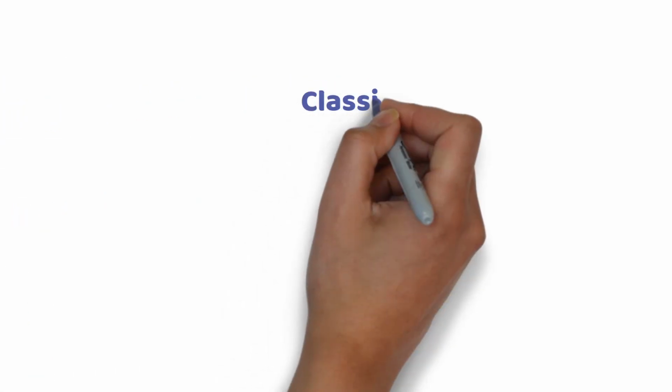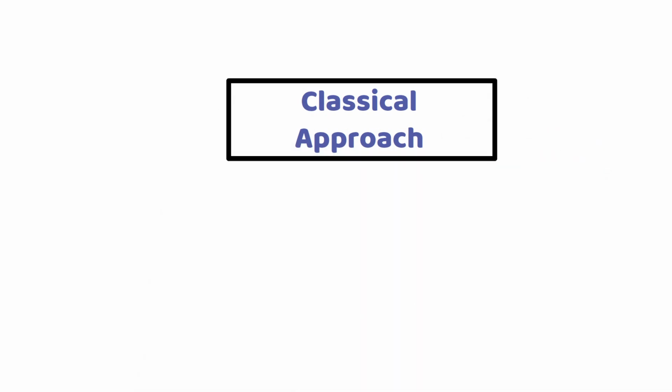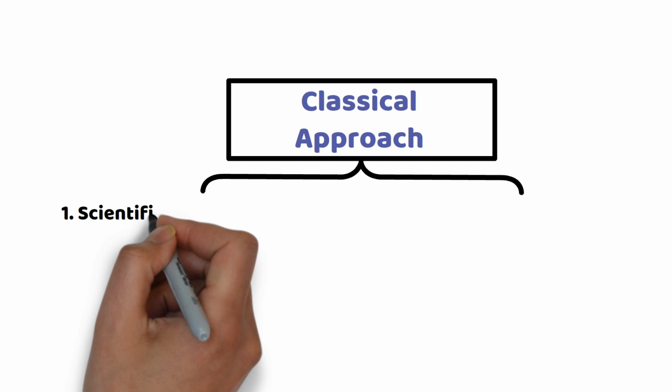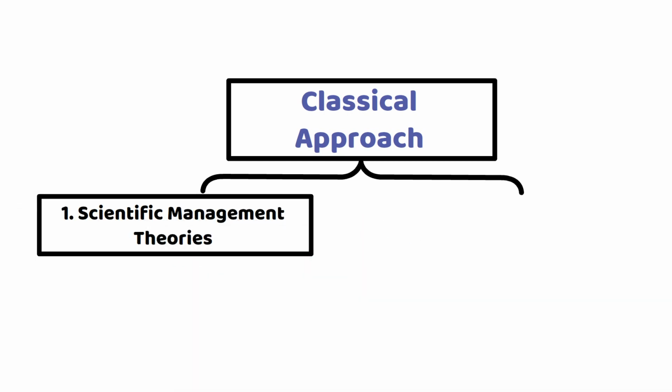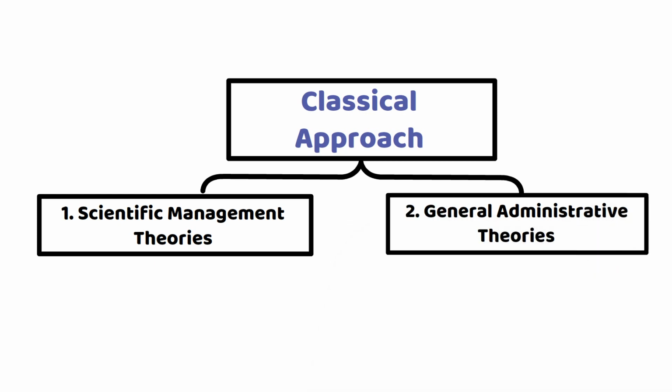The classical approach is typically divided into 2 subcategories. Number 1, scientific management theories, and Number 2, general administrative theories.